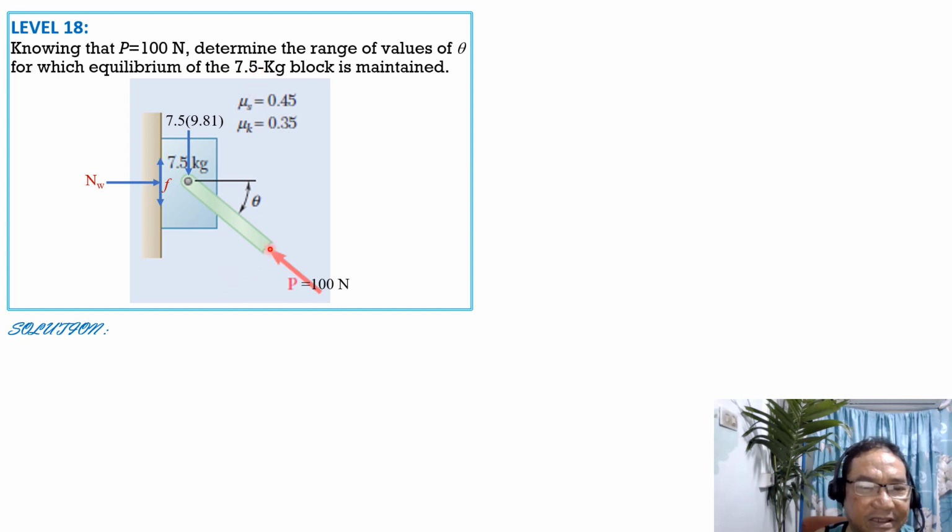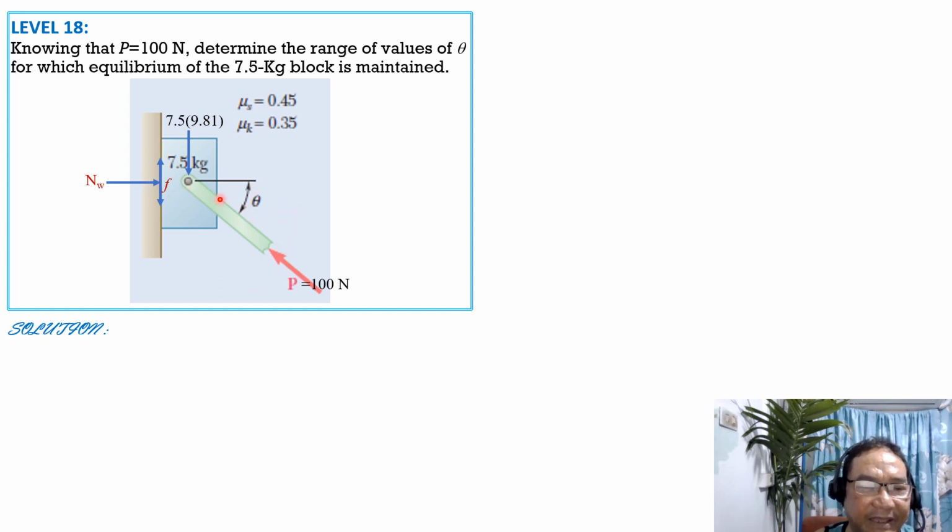So if it is minimum angle, then the direction of F max, which is mu sub s times normal, should be upward for minimum theta, so that it will help the vertical component of 100, which is smaller if theta is small also.